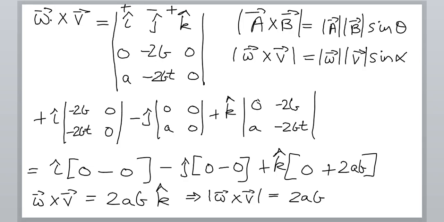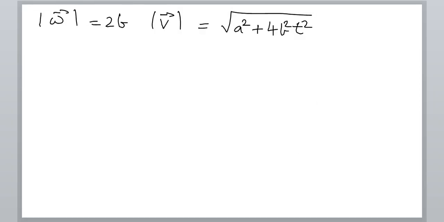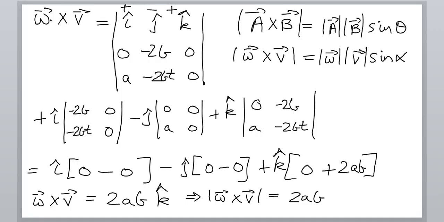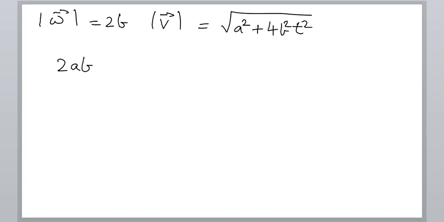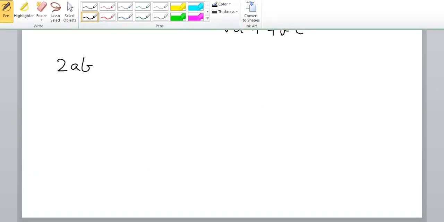So this is that. Now let's see, modulus of w cross v is 2ab. So I'll just write 2ab, this is equal to the modulus of w vector and v vector.